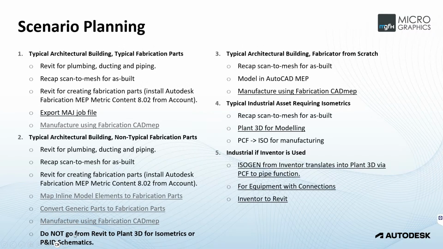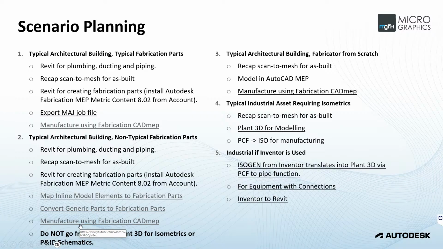Then I've just mentioned something here, which is something we learned recently from mining companies who have used Revit for piping. There's a workflow, or supposed workflow, where you go from Revit to fabrication parts to Plant 3D. The reason being that they would like to have ISO drawings.